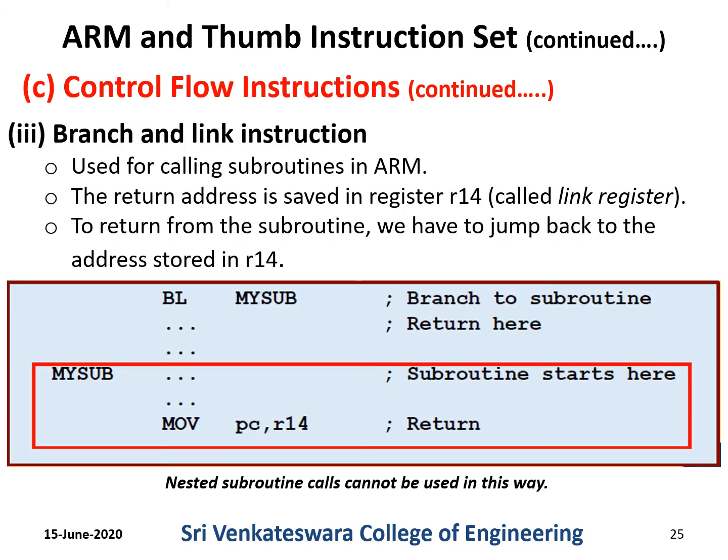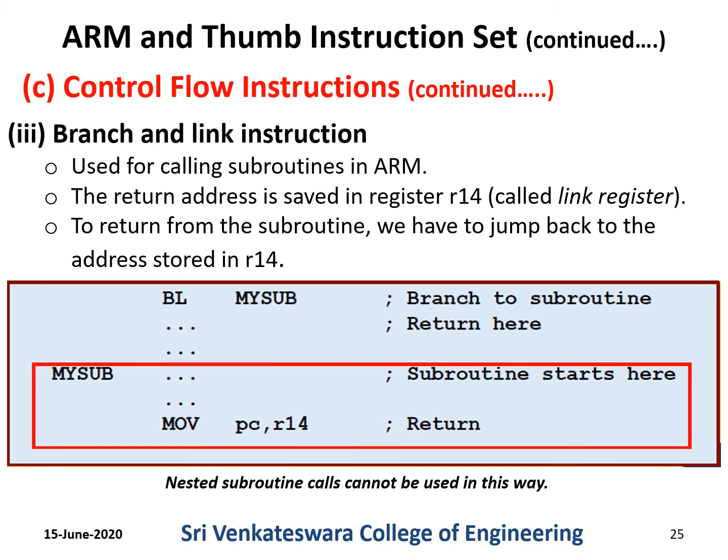The next type of control flow instruction is the branch and link instruction. The instruction is BL, and this is how it is used: BL followed by MySub. MySub is the label that represents the new memory location where the control has to go. This branch and link instruction is mainly used for calling subroutines in ARM.